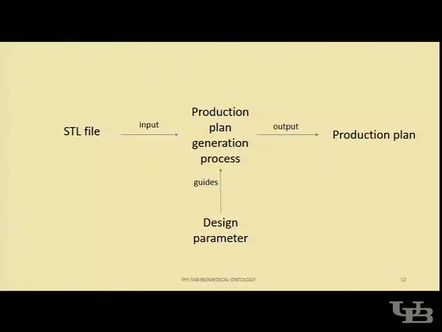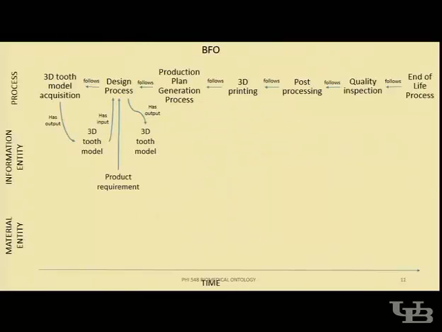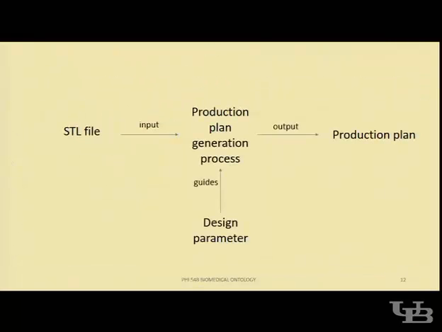And then for the production plan, the next process after the design process, they will move to the production plan generation process, where the STL file that is the output of the design process will become the input. This production plan generation process will need these design parameters to assist the process.